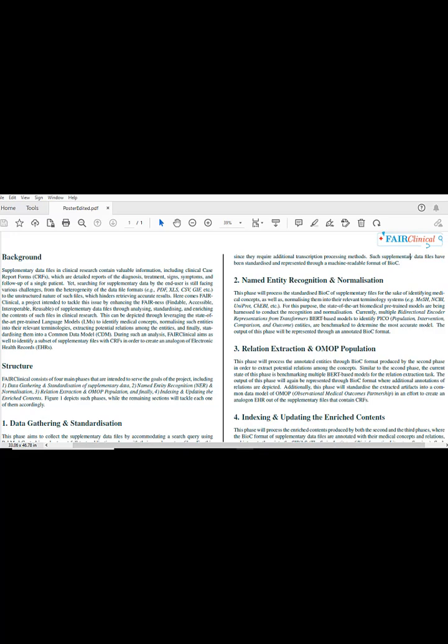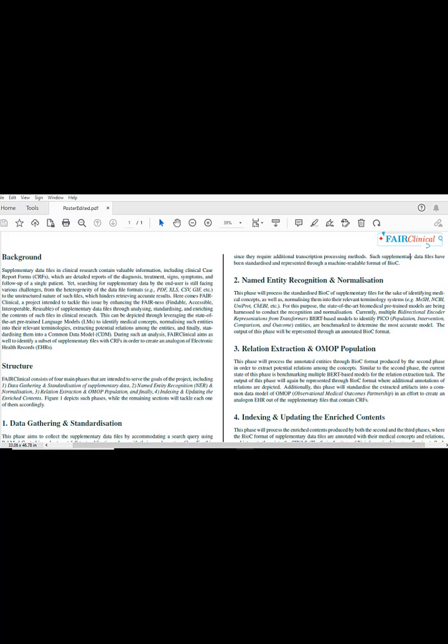And currently, our French partner is benchmarking different BERT models in order to identify the most accurate model in terms of the extraction. They have started with a PICO BERT model, which is intended to identify the population, intervention, comparison, and outcome entities.